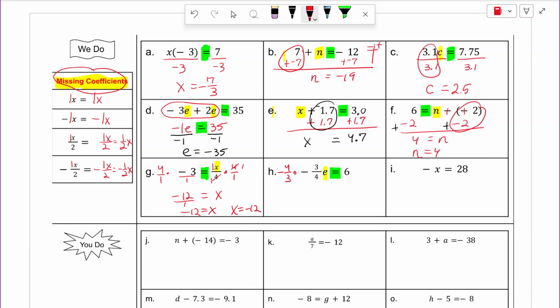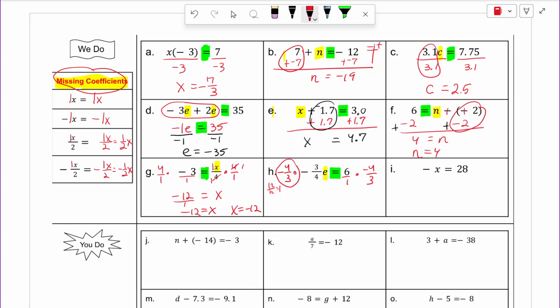Well, if you multiply straight across, 4 times 3 is 12, 3 times 4 is 12. A negative times a negative is a positive, and so you can see it's positive 12 over 12, which is 1. Perfect. So that's E. So if I multiply this side by -4/3, I have to multiply this side by -4/3.